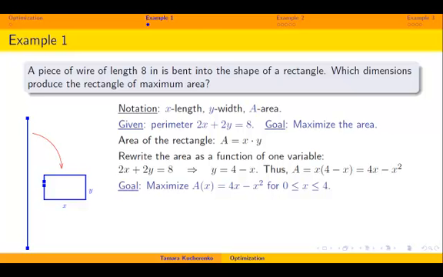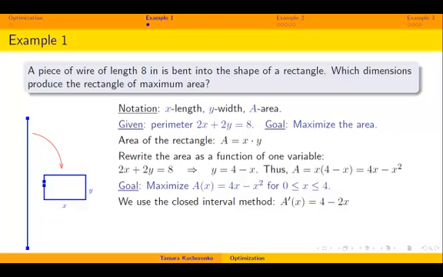Since we are looking for a maximum of a continuous function on a closed and bounded interval 0, 4, we use the closed interval method. The derivative of A of x is 4 minus 2x.